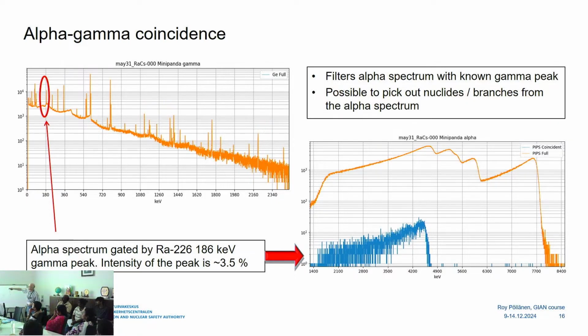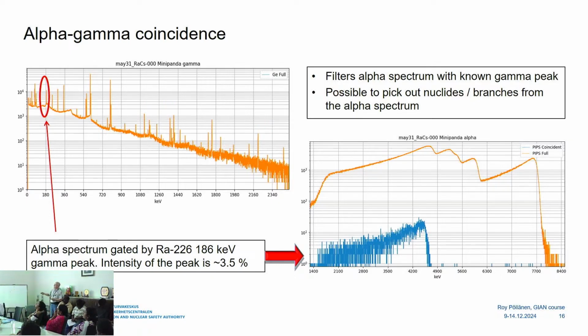We can select from the gamma spectrum this peak, radium peak. You have to note that the radium peak intensity is normally very low. It emits only, intensity is 3.5%.